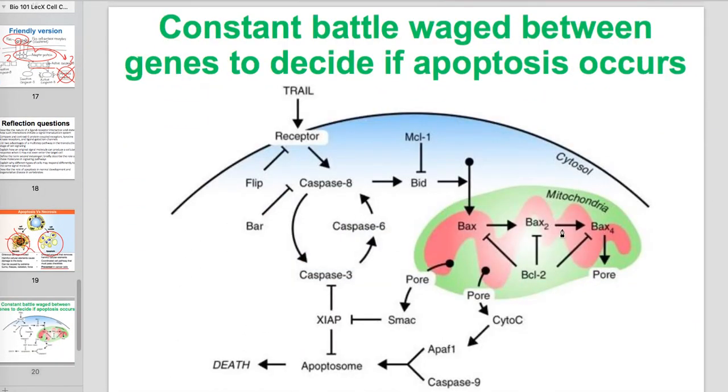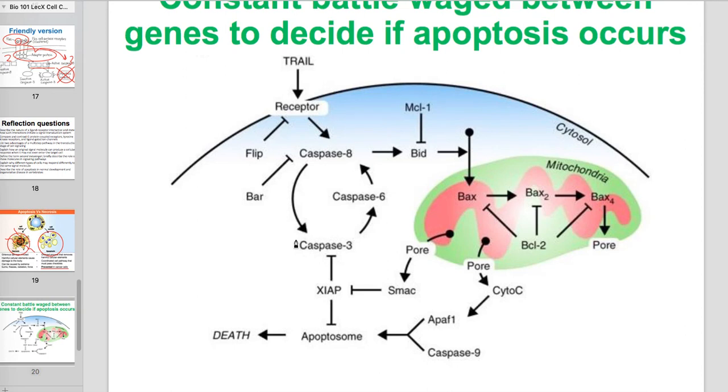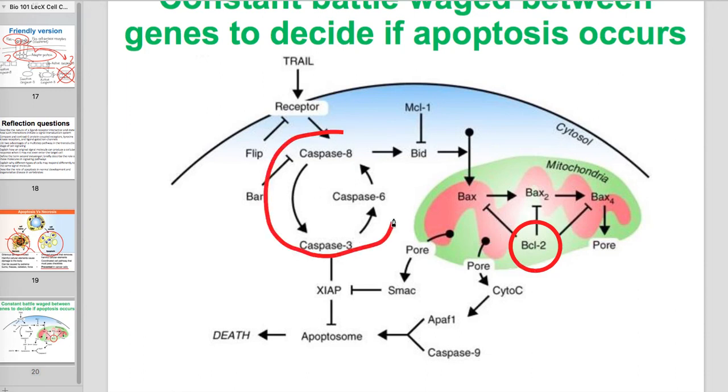And this is a good example, and this kind of ties into our cell cycle stuff, whereas there's a lot of on and off genes for the cell cycle to go. There's a lot of on and off genes fighting each other to make sure the cell either explodes or stays alive. So you can see like BCL2, for example, is going to stop the cell from dying, while the caspases, they're going to try and trigger the cell to die.